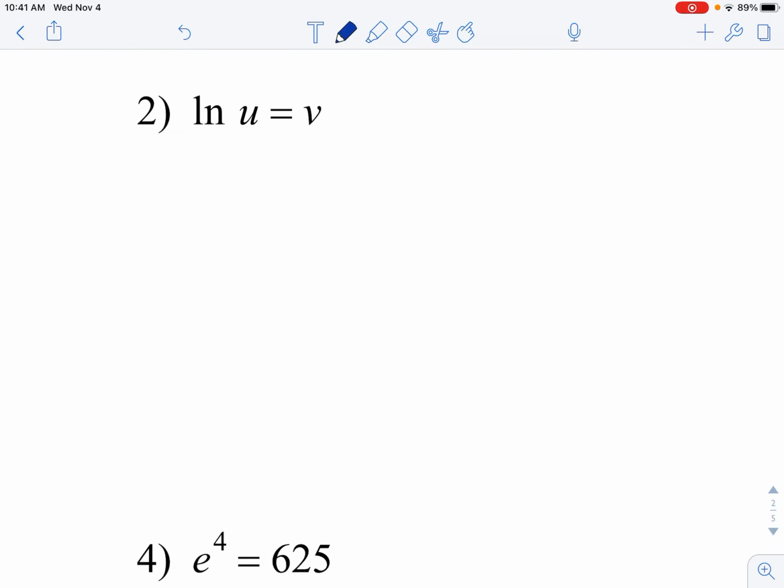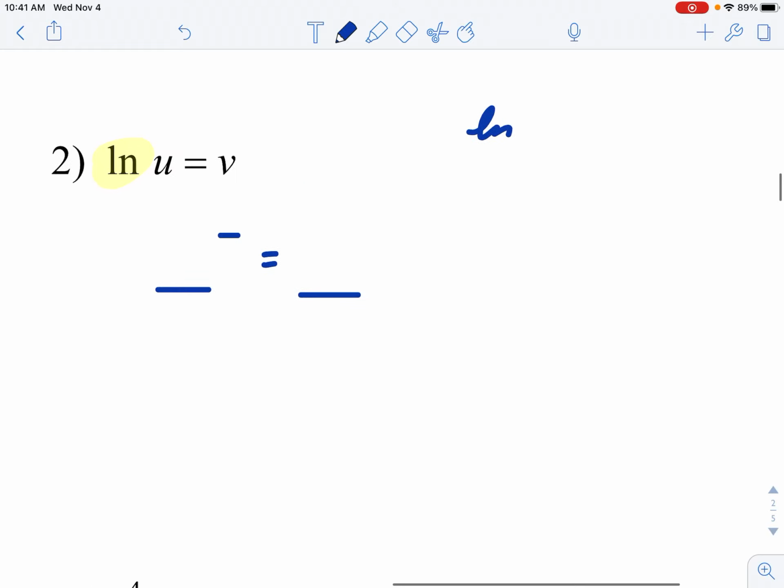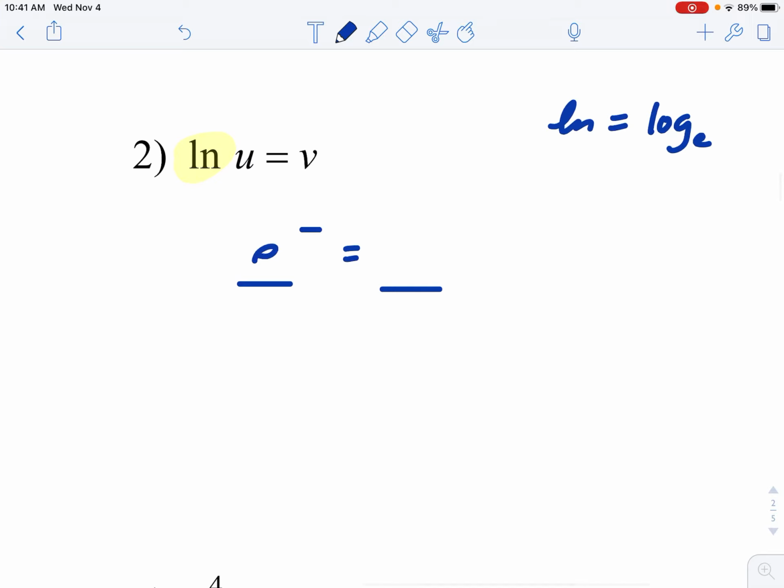We have a base, we have a power, equals an answer. So you need to ask yourself, what is the base of this logarithm? ln, which I write in cursive because my L looks like a number 1 and that could be confusing, is the same thing as a logarithm whose base is e. So whenever you see ln, you know that the base is e.